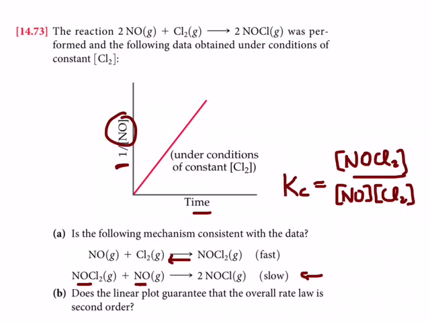Now, if you rearrange this, you'd see that the NOCl2 concentration is equal to Kc multiplied by these things in the denominator.